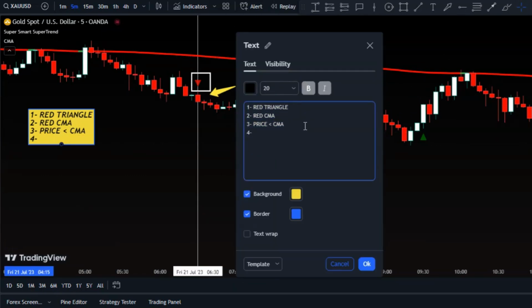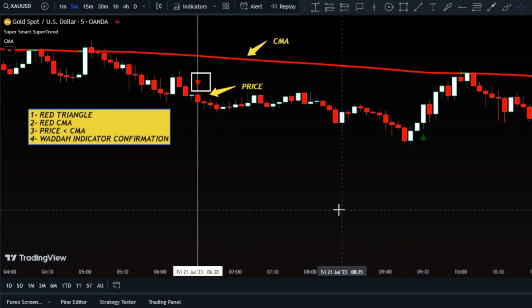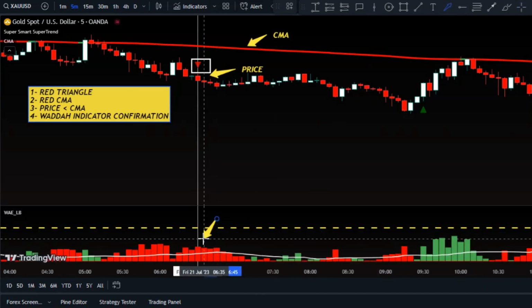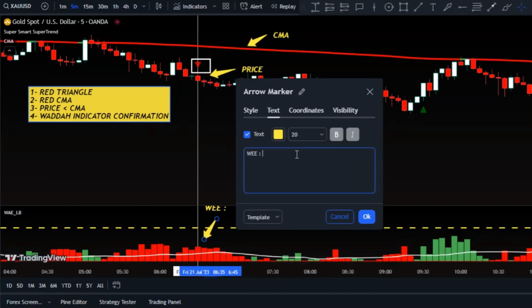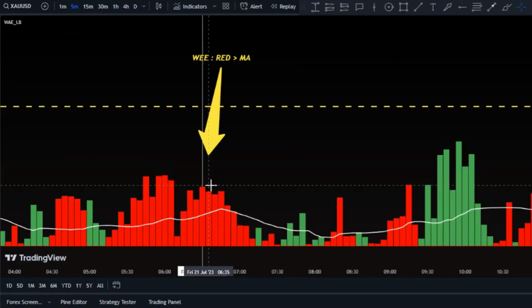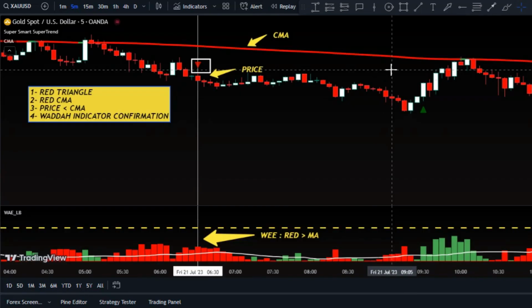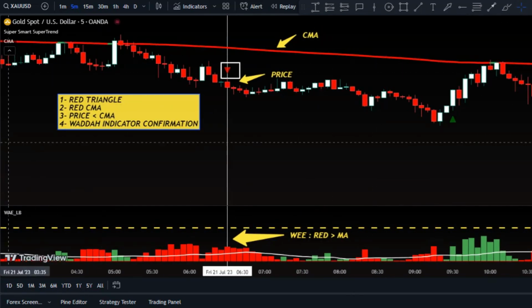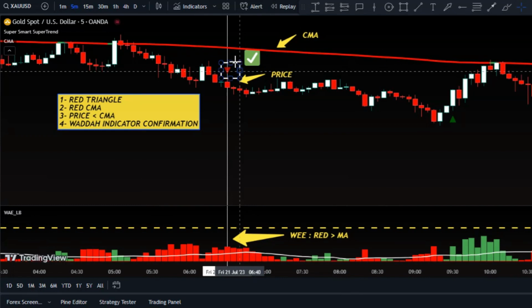And finally, in the last step, the WAE indicator needs to confirm the short signal. So with all those conditions in place, you can open a short position.